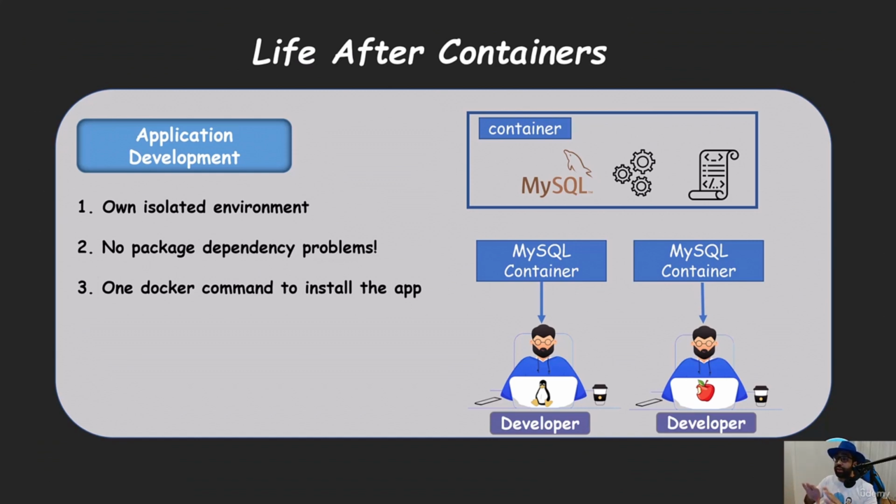We don't even care about this anymore, because right now there is an isolated environment, which is a container, and this isolated environment contains all you need for this application, whether it's the application itself, the application configuration, or even the startup script, okay? So now the installation process is the same across all operating systems.